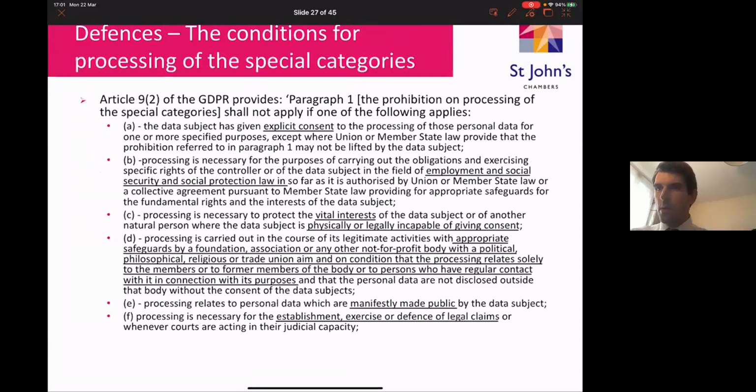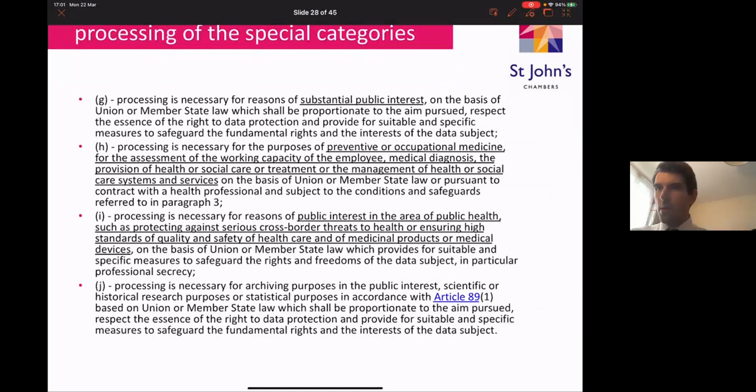I won't read them out fully for you, but you'll see that just looking down the list: explicit consent, the vital interests, and exercise or defence of or establishment of legal claims are one of the conditions for processing the special categories of data, as is, again, public interest, preventative or occupational medicine, protecting against serious cross-border threats to health.